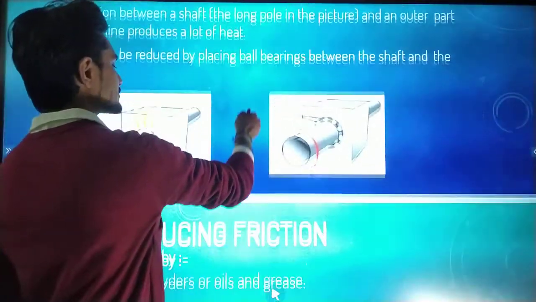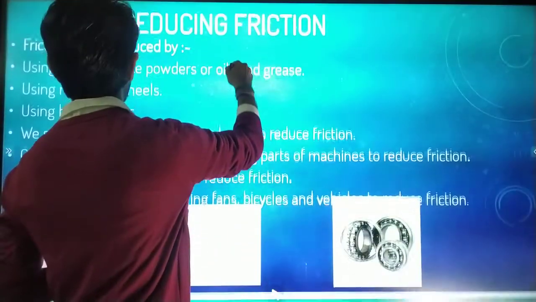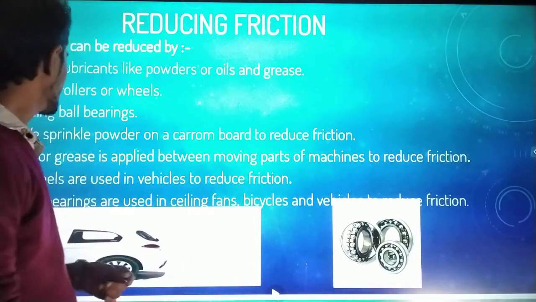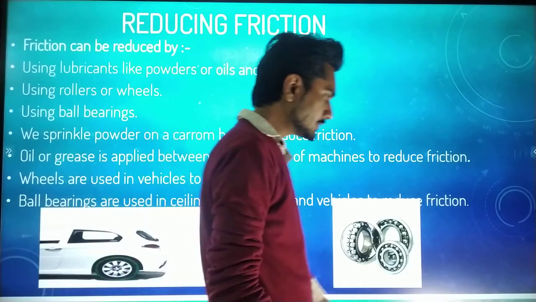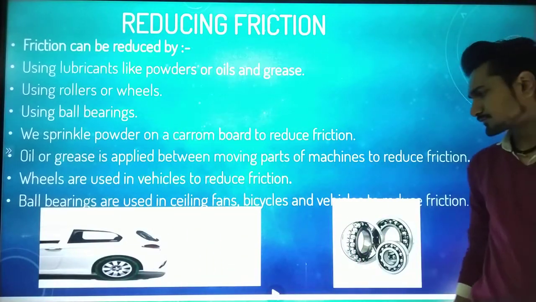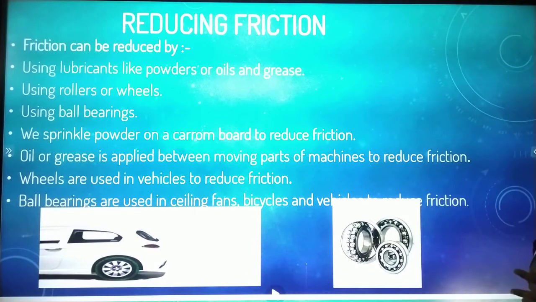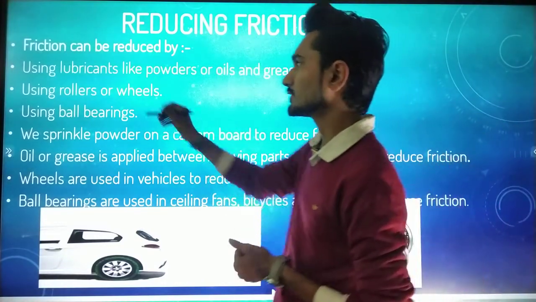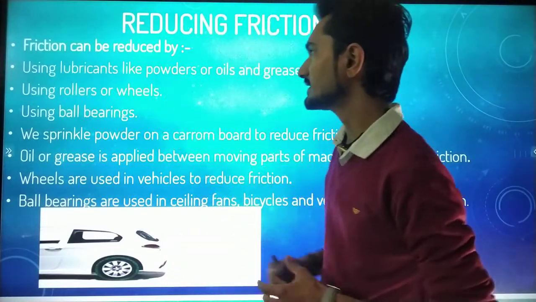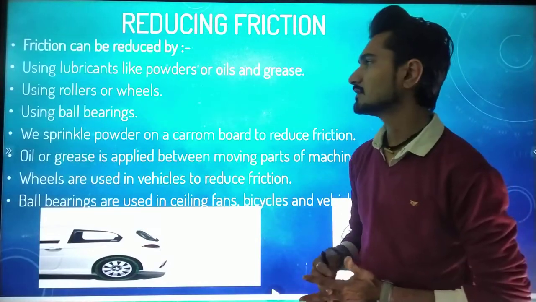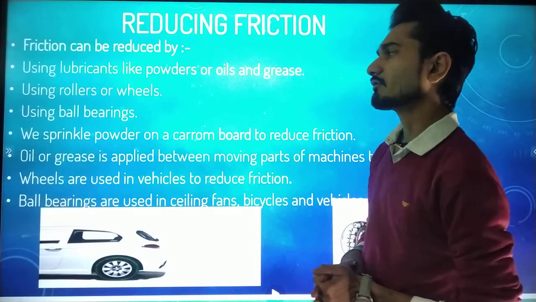Okay, second is what? Yes, here is the important point. So friction can be reduced by using lubricants. Look, here is a word that we are discussing. Using lubricants like powders or oils and grease. Using rollers or wheels.